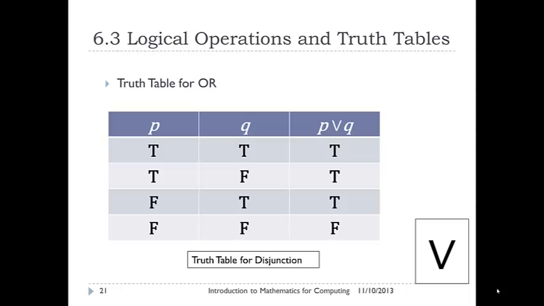So in that case, p is true, q is false. If we form the compound statement p or q, well then what we're saying is 1 equals 1 or 1 equals 2. And because at least one of those propositions in the disjunction is true, the final compound statement will also be true in that case.